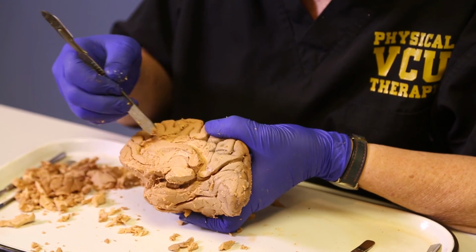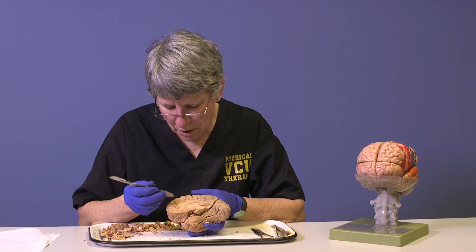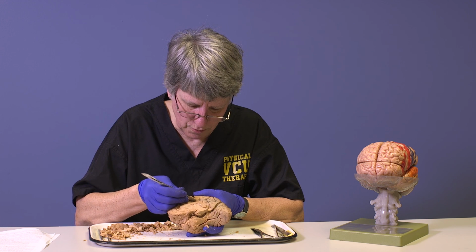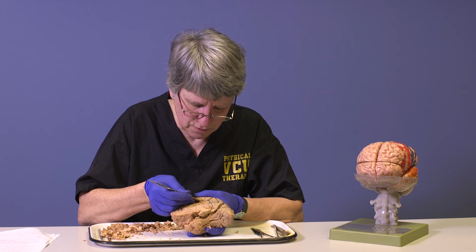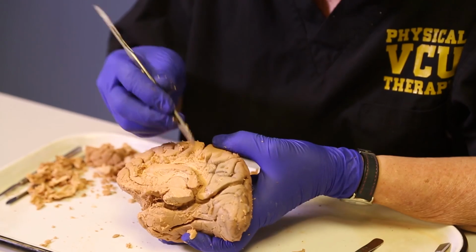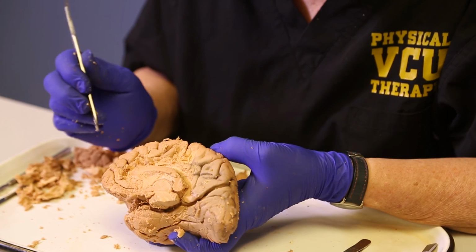You can see it's coming all the way around the top there. On this side, you would also see arcuate fibers, if we were to peel away some of this cortex, connecting one gyrus to the next. They just loop around the sulcus right there.